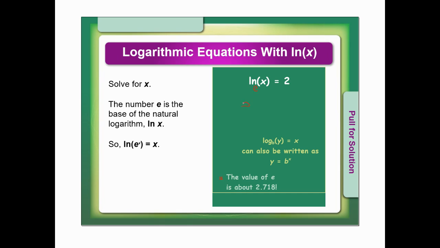So we have e to the 2nd power equals x. Now to evaluate this, you can use 2.718 to the 2nd power, or you can use your e button in your calculator, and we're going to get that x equals 7.389. I don't know if that decimal is pretty clear. There we go.